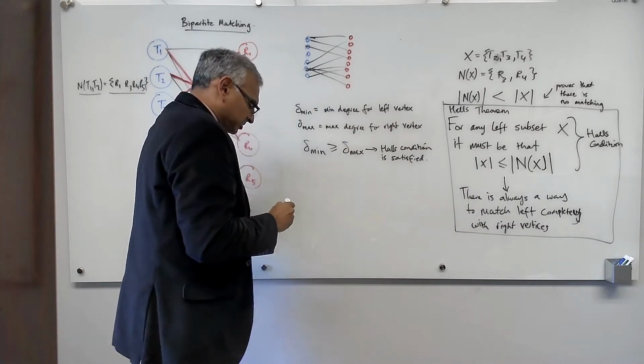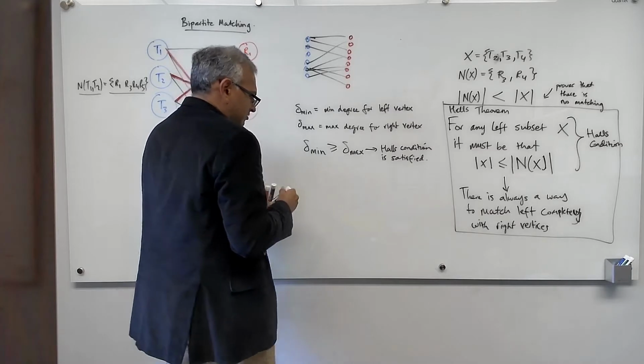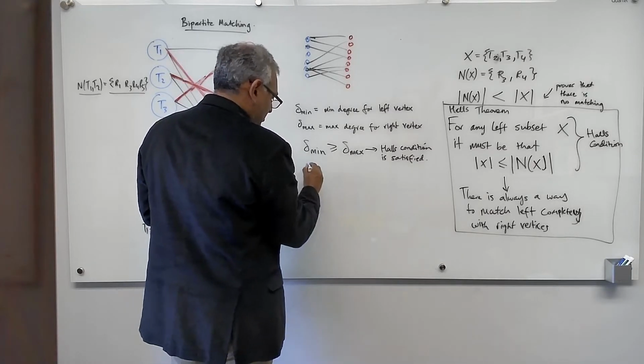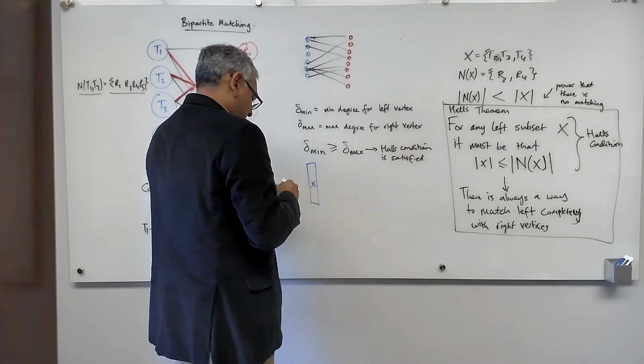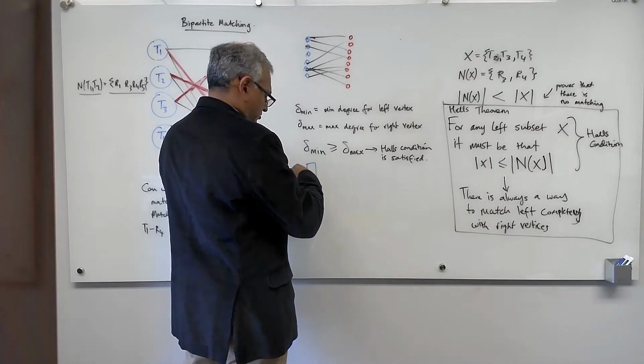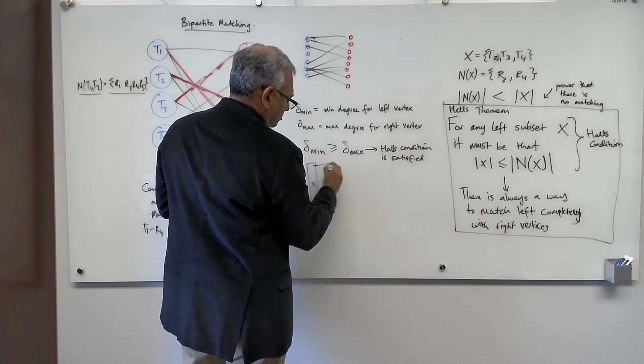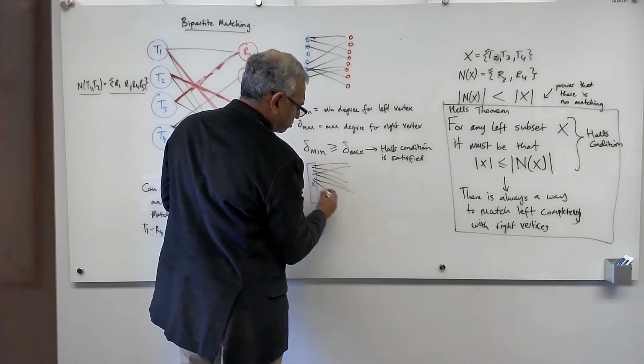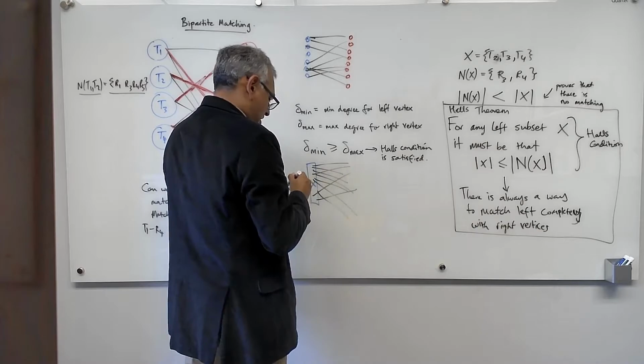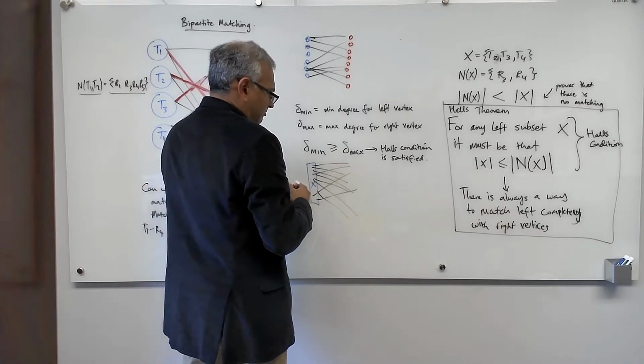So here's the picture. Consider any left subset X. X has edges going into some right subset.